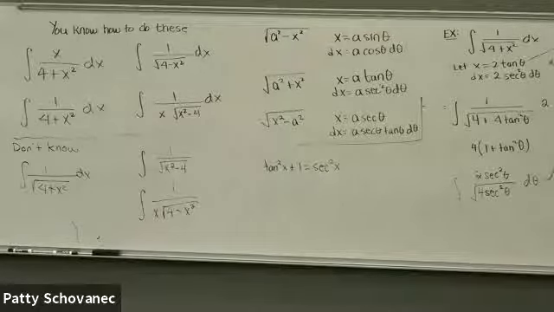So let's do the one that almost looks like the inverse secant, except for the x and the number were in the wrong spots.